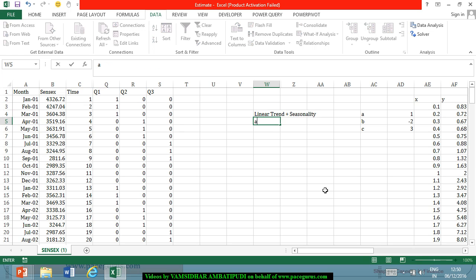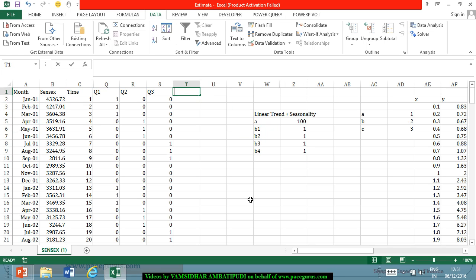Again the same logic, we need 4 variables out here. So I am considering A as the intercept, then I want B, C, D, E, or probably I can call it B1, B2, B3, B4. So initially let me have A as 100 and all of them as 1.